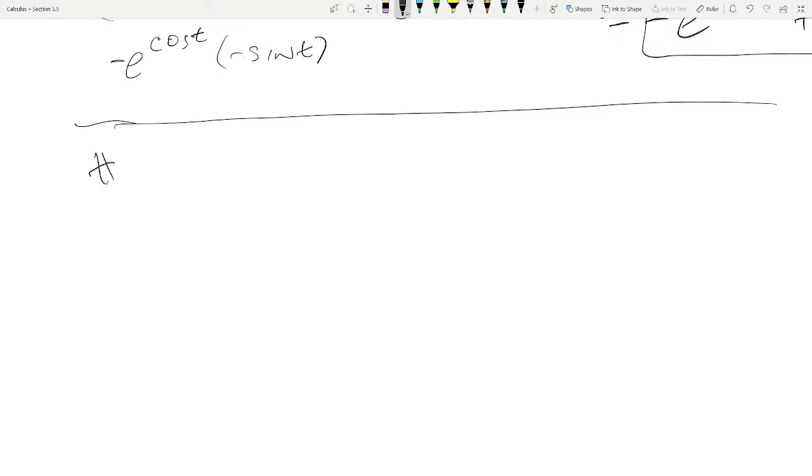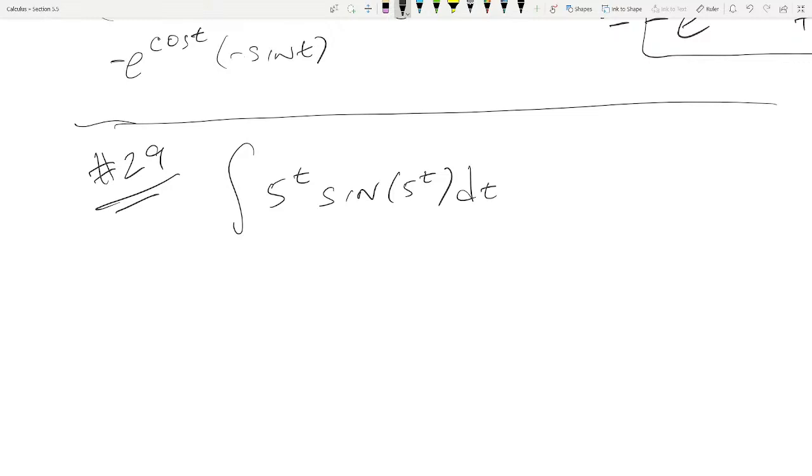Number 29. Now here we're going to have to take a little bit of a detour, all right? Because look at how this one here is. It's got this thing in it that, well, you just don't see it that often. It's one of those ones where if you don't practice it in calculus, you'll kind of forget it. Okay, and it's related to e to the t, but it's not e to the t, it's 5 to the t.